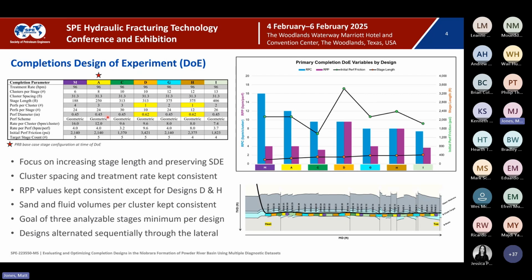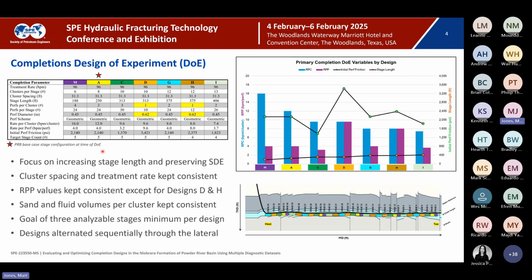It also happens to be a geometric design, meaning it's not tapered, which implies that you don't have different numbers of perforations in heel clusters versus toe clusters. Beneath this, I have several calculated variables, which we'll look at later in the presentation. But for design A, it has 12 barrels per minute per cluster, 4 barrels per minute per perf, calculated an initial perforation of 2140 PSI.